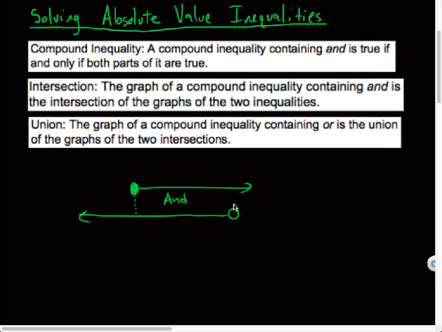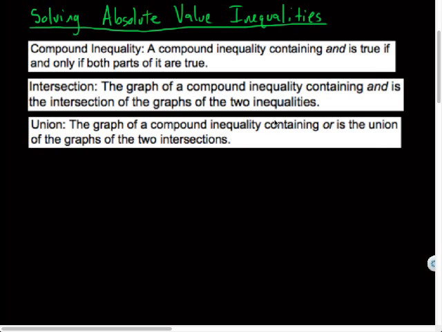If I brought these graphs together, notice a point here is true for the second graph but not for the first, and the word "and" would not be describing that situation. So it's got to be true for both in order to be on my final graph. The intersection would look something like this, with everything shaded in between. So that's a quick basic analysis of that.